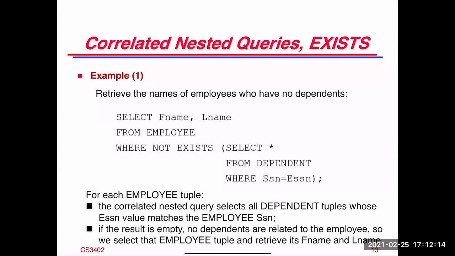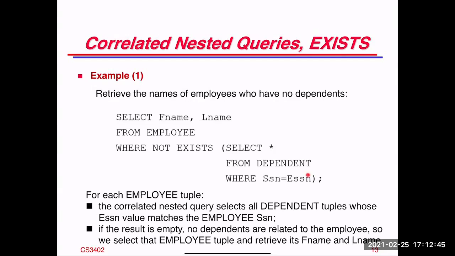So basically, since this is a correlated nested query, the way we can think of it is that for each employee tuple, for each tuple that we're selecting here, let's fix one of them. This nested query here will select all dependent tuples whose ESSN matches the employee SSN. And that just means that they are dependents of this employee, right?